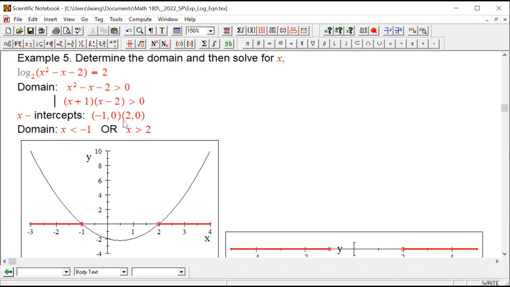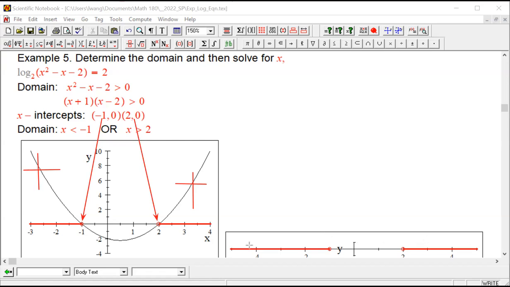We found the x-intercepts, and we know there are multiple ways to solve it. Here I'm using the function way to solve it. We want the piece of the function to be positive, not equal to 0. So you can see on the graph, the x-intercepts (-1, 0) and (2, 0) are in circles. They're not included.